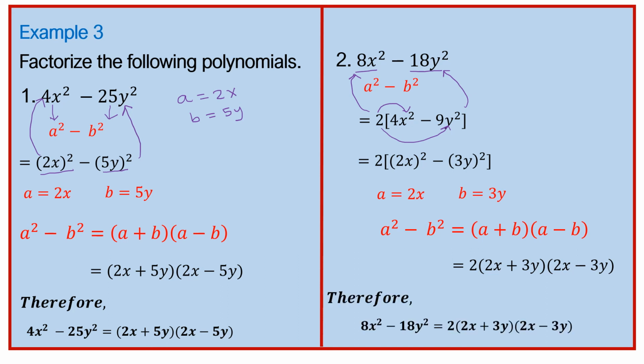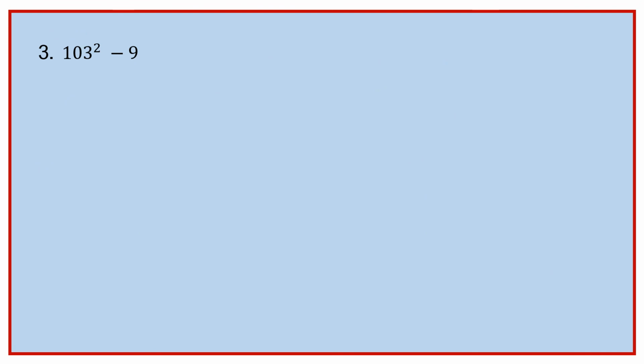Okay? So, if we have 103 squared minus 9, it implies that we have a squared as 103 squared, b squared as 9. And if b squared equals 9, then b equals 3. Okay?